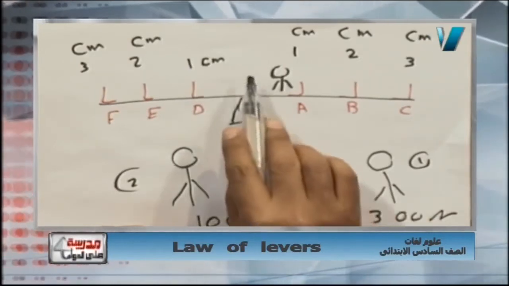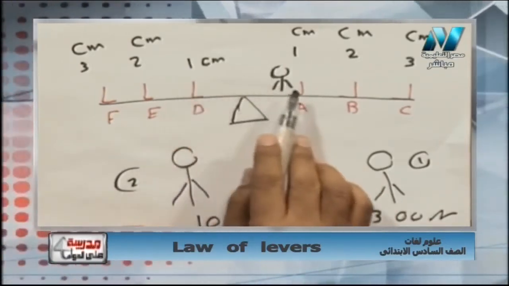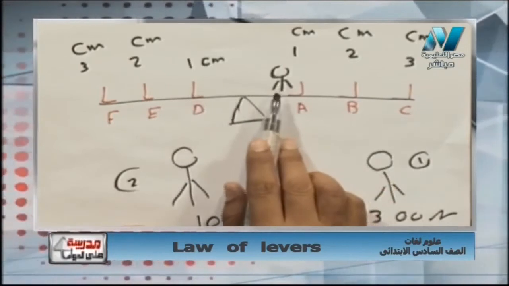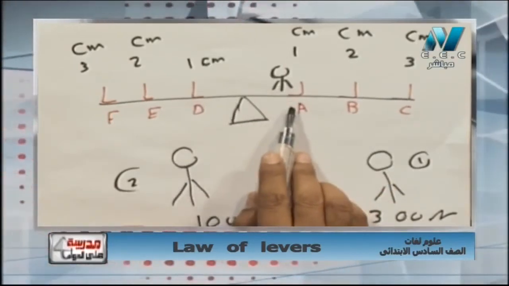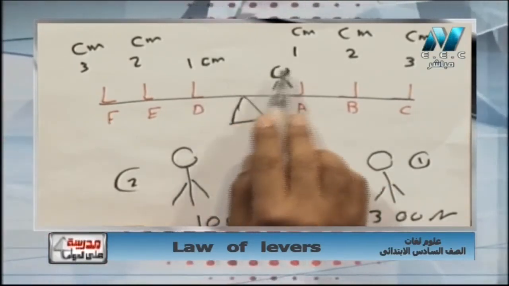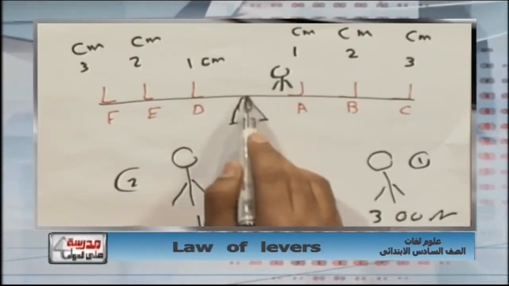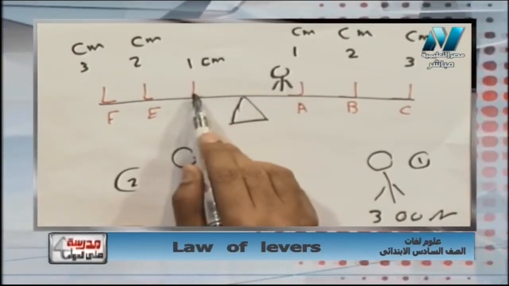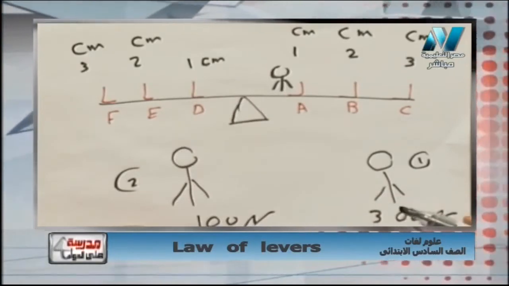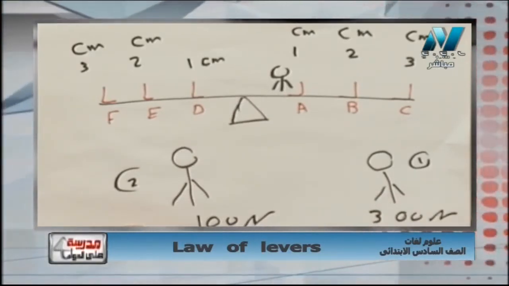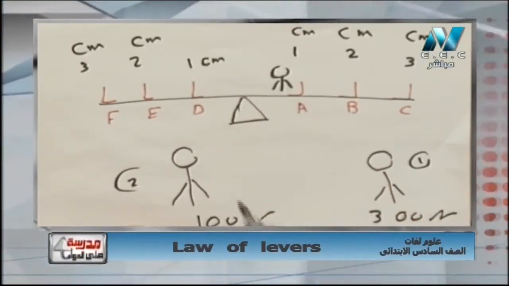Because it is at the same distance as the 300 Newton on A, but the first force is 300 while the second force is 100.